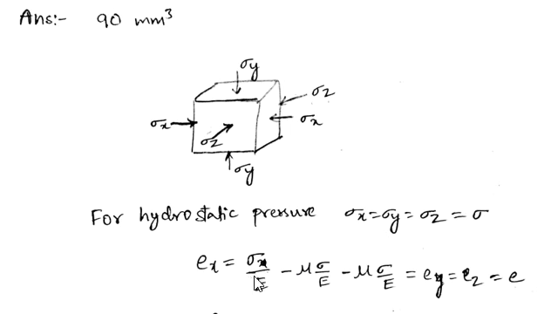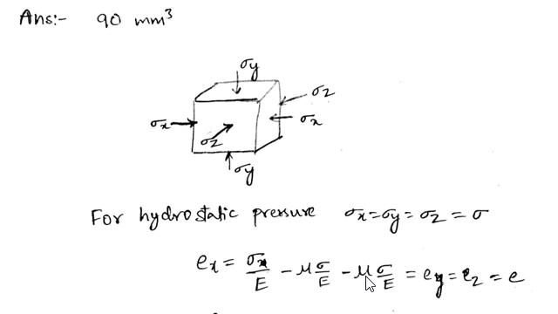So if you take the first term as positive, then this is minus mu into sigma by E and minus mu into sigma by E. Friends, once again, you may get a doubt: here it is compressive, so you have to take minus, but finally we will express the answer as compressive. So I am taking positive for the first term, and the negative effect we take as minus.